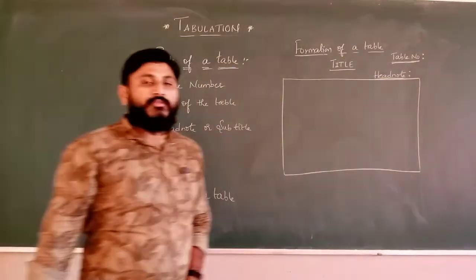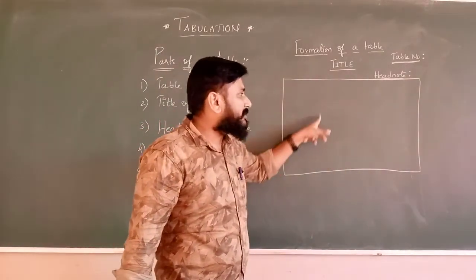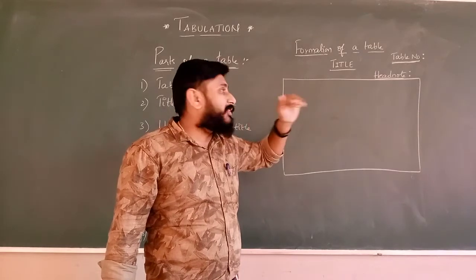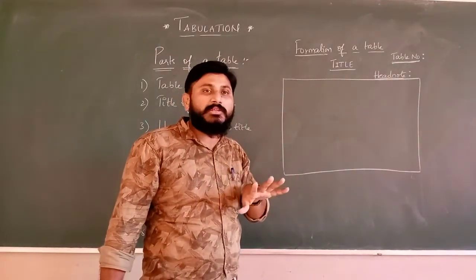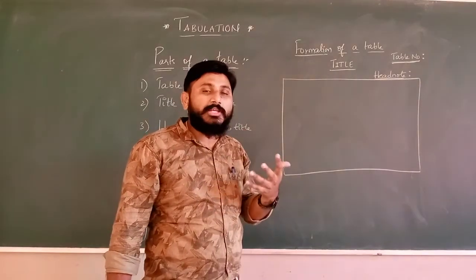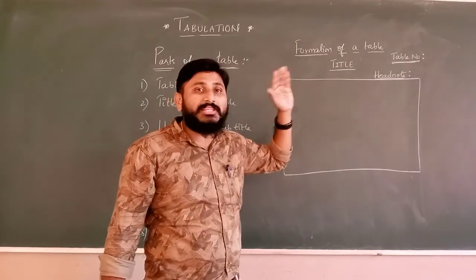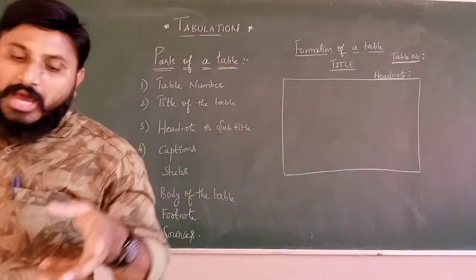Head note. For example, units. If you are representing the tabular data with numericals, if they are measured in terms of millions or in terms of centimeters or in terms of meters or in terms of numbers, quantity. So all those are self-explanatory. By seeing the head note, what units are to be taken?